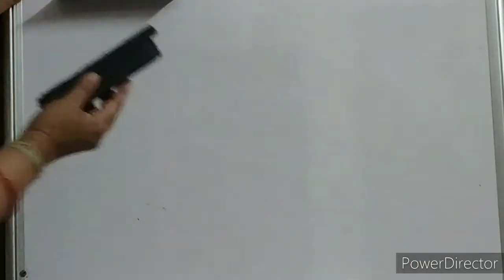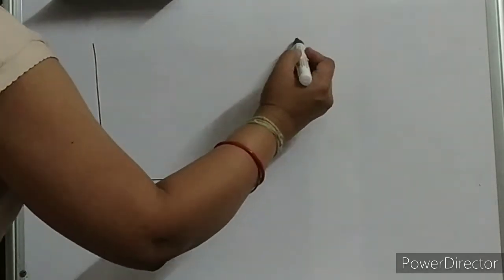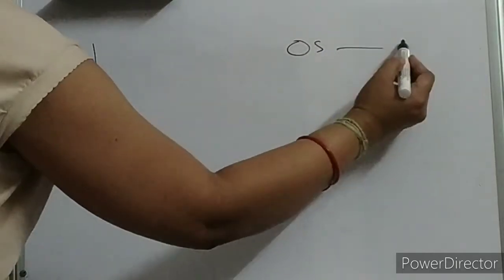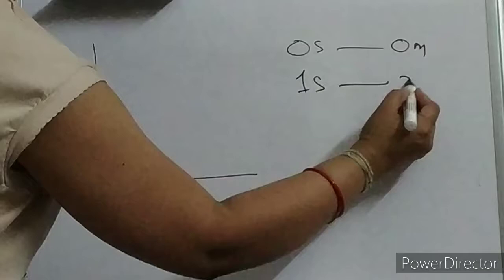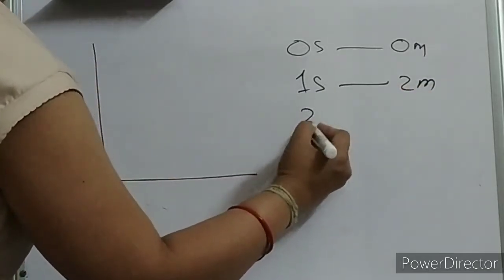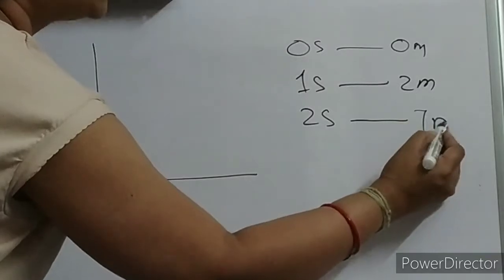So when it is a uniform speed, we get a straight line graph. And when the speed is not uniform, suppose at 0 second it is 0 meter. At 1 second it has covered 2 meter. At 2 second it has covered, suppose, 7 meter.